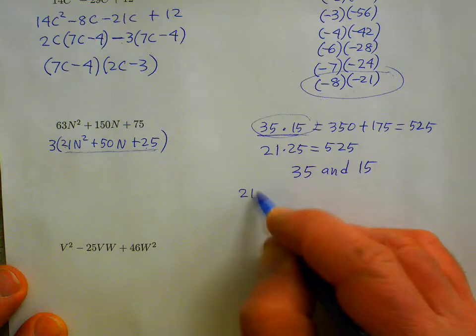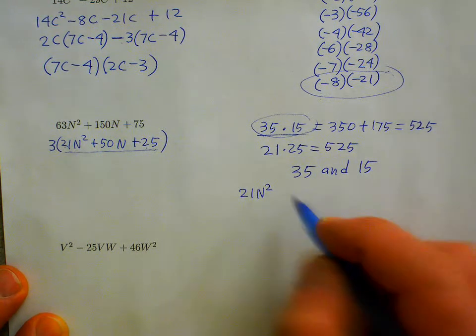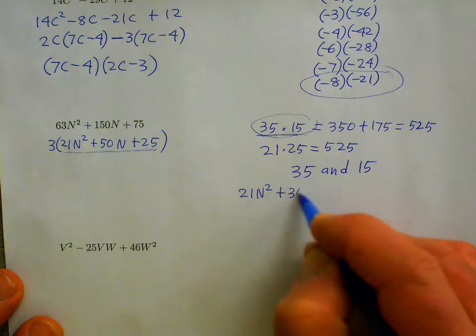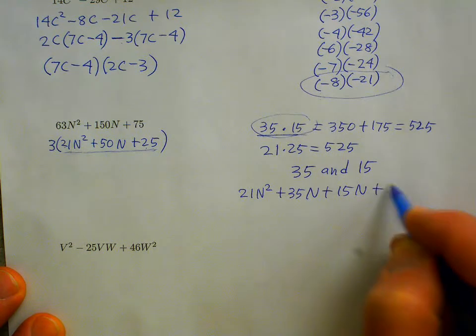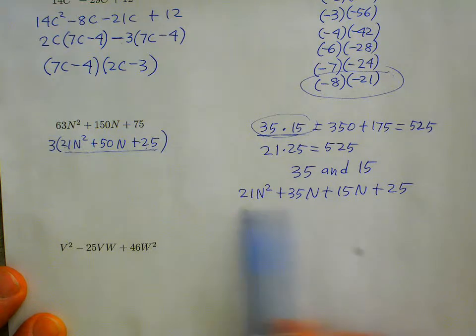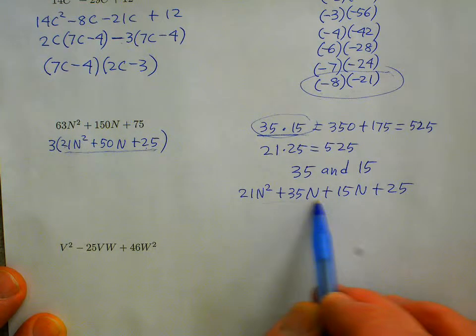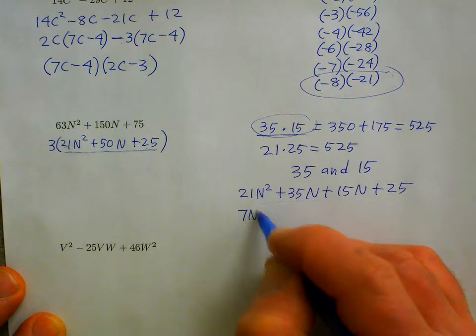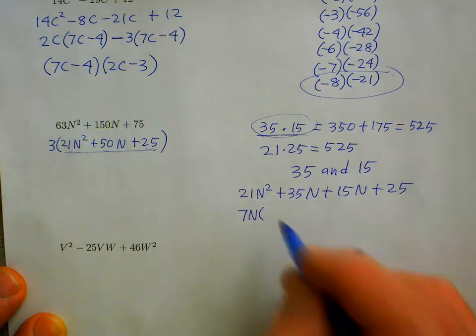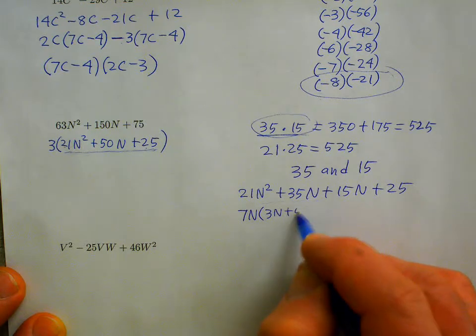So 21n to the second, and then replace plus 50n with plus 35n plus 15n plus 25, and then factor by grouping. Out of the first two terms, we can factor out 7n. And the other factor is 3n plus 5.